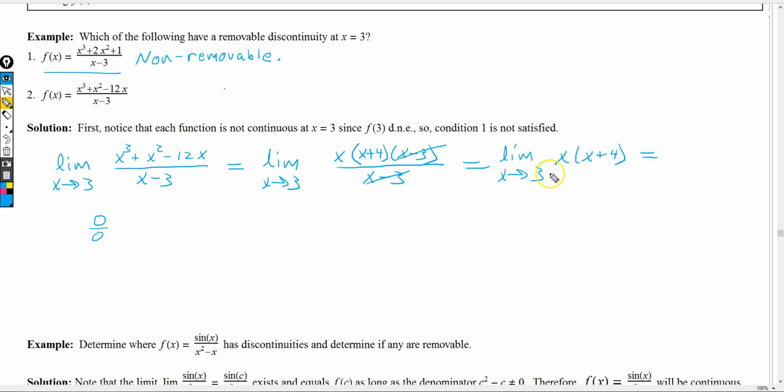Now I can just plug the 3 in for the x's. I get 3 times 7, or 21. So this function has a removable discontinuity because the limit does exist. So this has a removable discontinuity at x equaling 3.